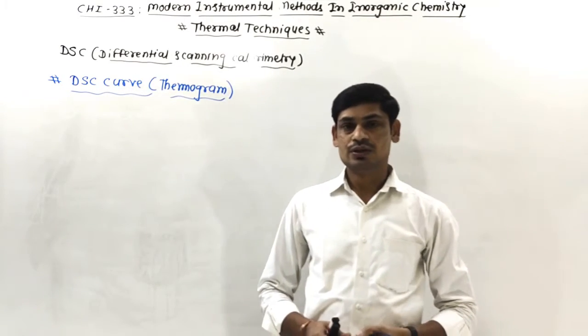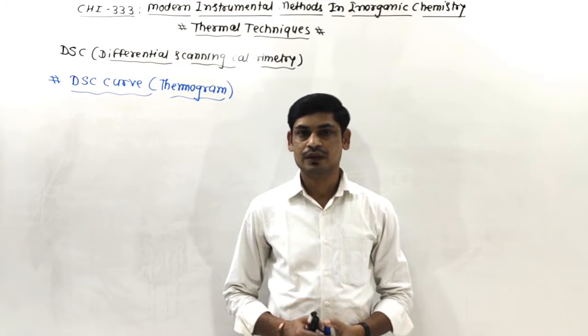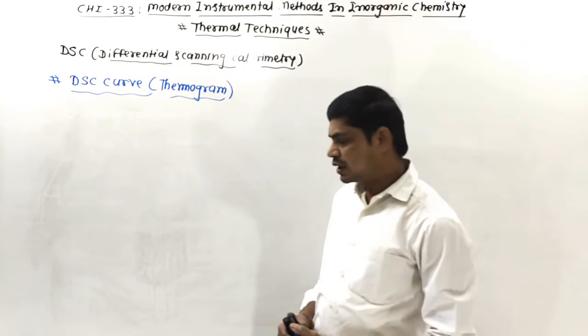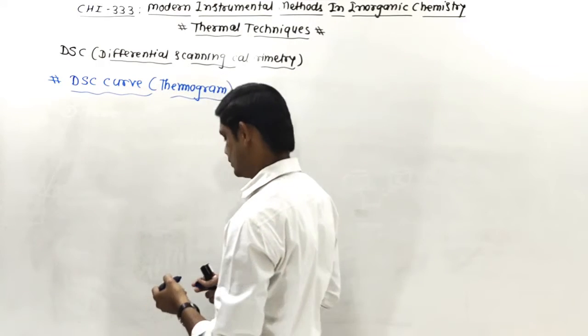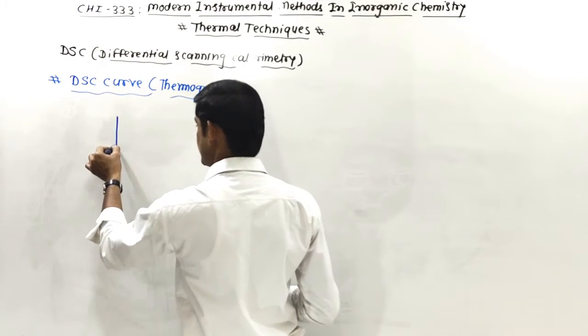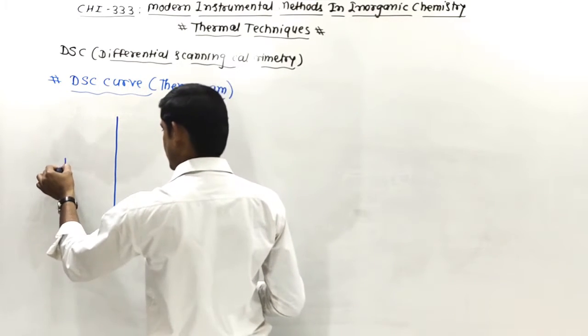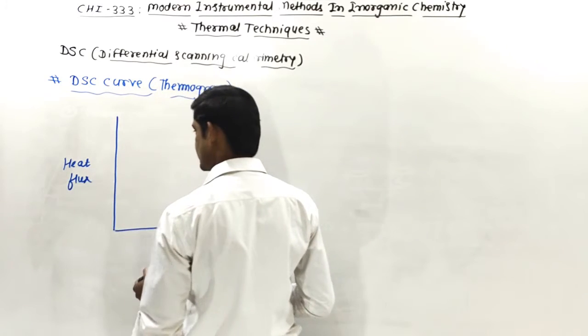From the instrument, we will get output as a result in the form of a curve or a plot. The plot is heat flux versus time or temperature. So the nature of the graph will be in this way. This is your heat flux.